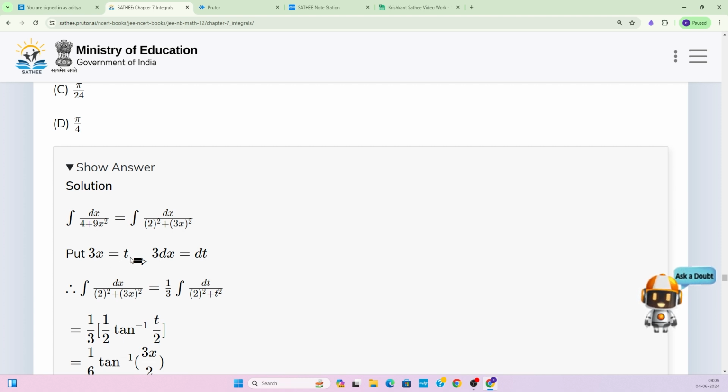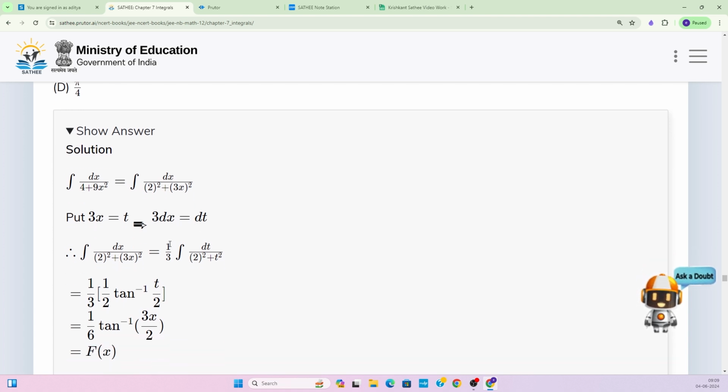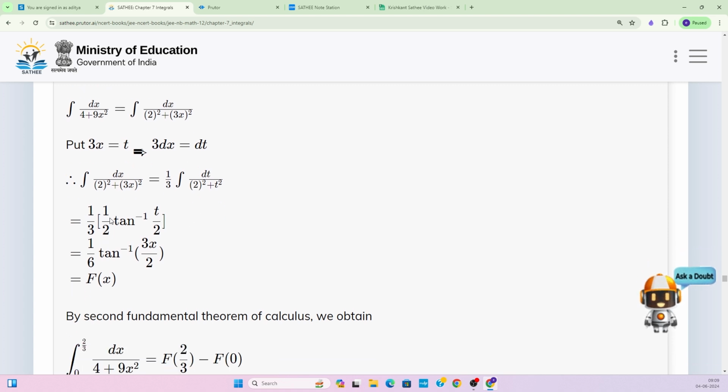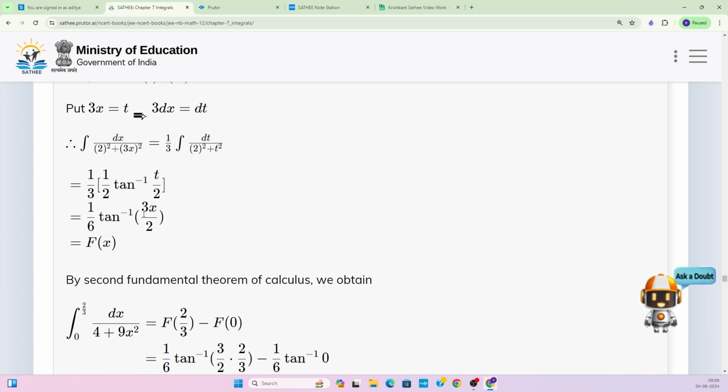So putting 3x equals t, this means dx can be replaced by dt/3. So this means 1/3 times the indefinite integral of dt by 2² plus t². You know this indefinite integration directly: 1/3 multiplied by 1/2 tan⁻¹(t/2). Now substituting back the t value in terms of x, you will get 1/6 tan⁻¹(3x/2).